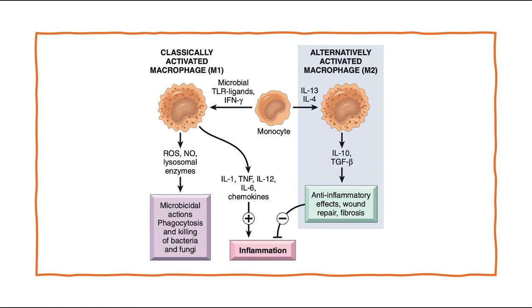They secrete growth factors that promote angiogenesis, activate fibroblasts, and stimulate collagen synthesis. The products of activated macrophages eliminate injurious agents such as microbes and initiate the process of repair, but are also responsible for much of the tissue injury in chronic inflammation.